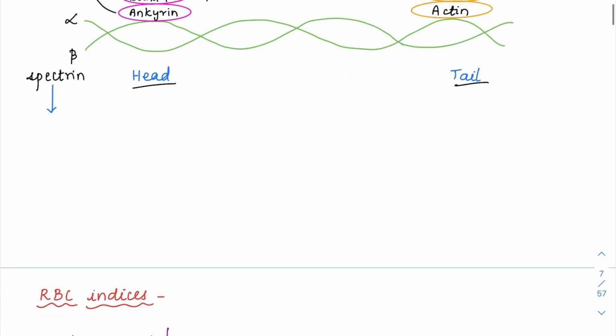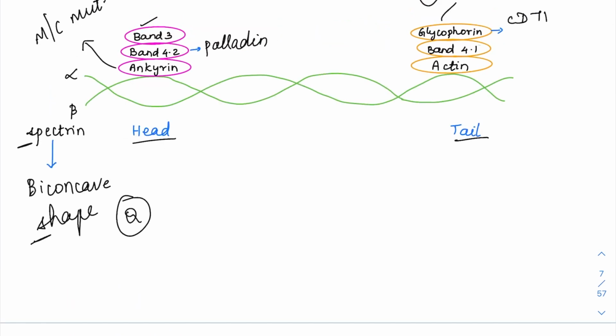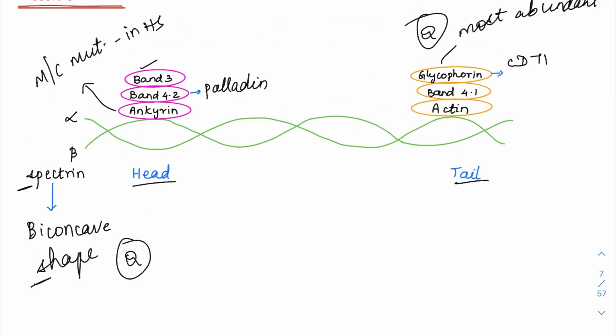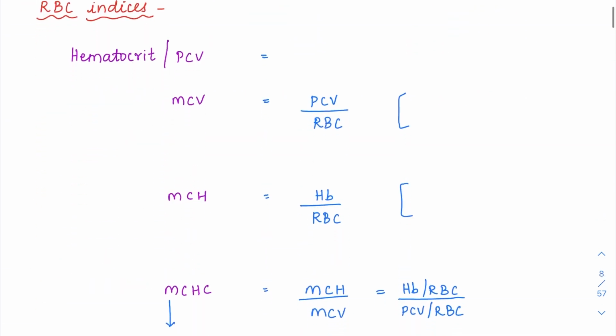This spectrin which we see here is going to be responsible for the biconcave shape of the RBC. So the shape of the RBC is going to be determined by the spectrin. So shape for spectrin, S for S. The most common mutation in HS is going to be ankyrin, and the most abundant protein in the RBC membrane is the glycophorin or CD71, right?